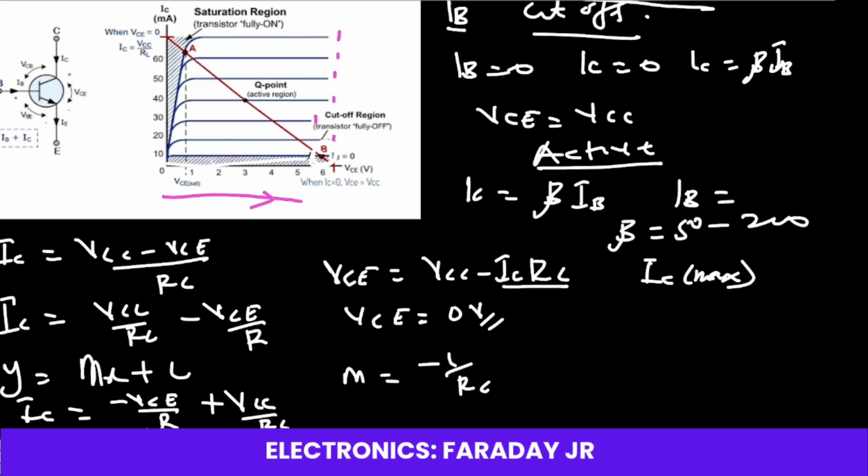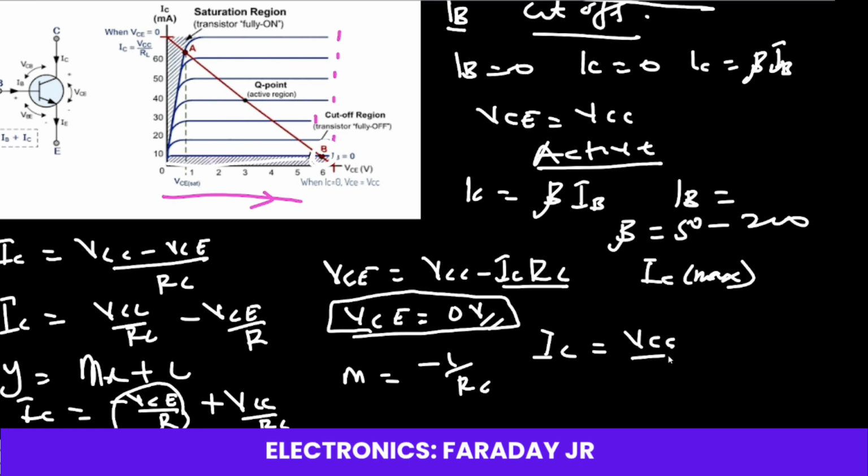So from this equation, as I said, in the active region we have these particular parameters. Assuming we have the VCE to be equal to 0, the maximum, then it means that the whole of this parameter is equal to 0. And at that point, we can see that IC is equal to VCC over RC.